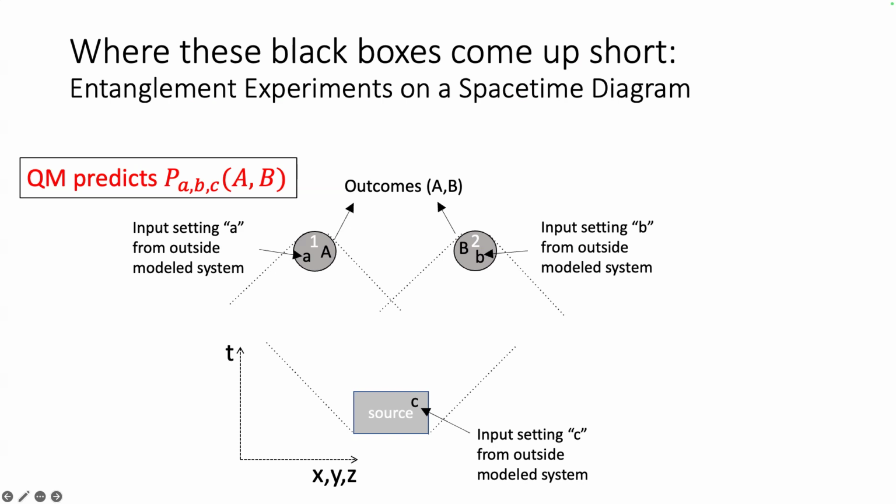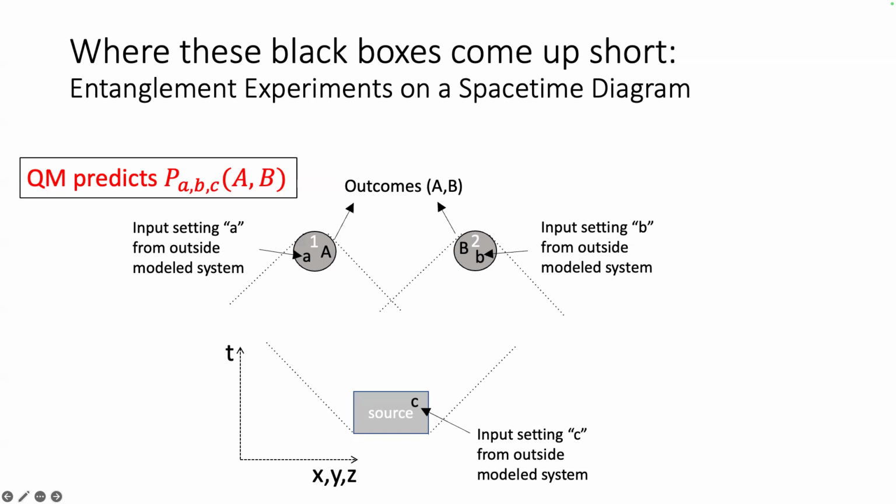You have these settings you choose. How am I going to measure each one? You have an outcome, capital A, capital B, and you get all these predictions of quantum mechanics that say, if I set my settings, my source, and these A, B, C, I put these inputs in, it predicts this joint probability of the outputs. And it works. You get the right answer.